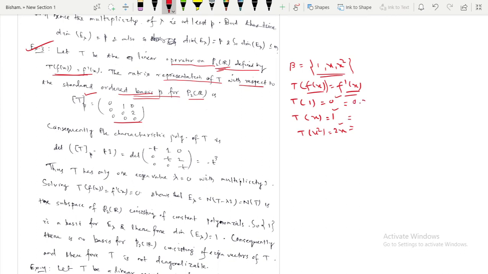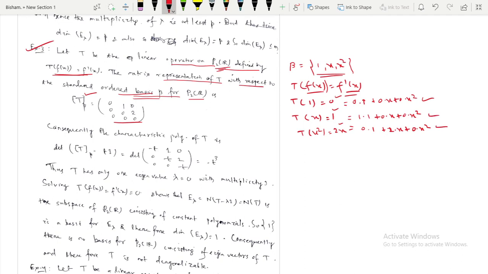That means this will be 0 into 1, 0 into x, 0 into x square. Similarly, 1 can be written 1 into 1, 0 into x, 0 into x square. And similarly, 2x can be written 0 into 1, 2 into x, 0 into x square.